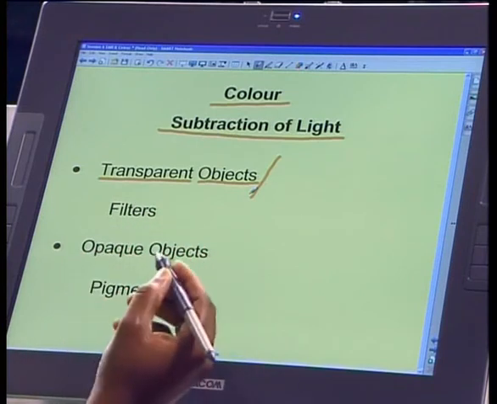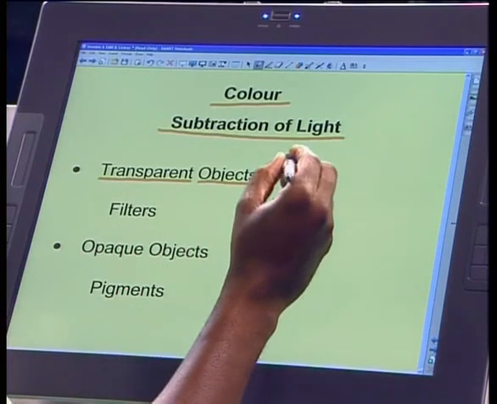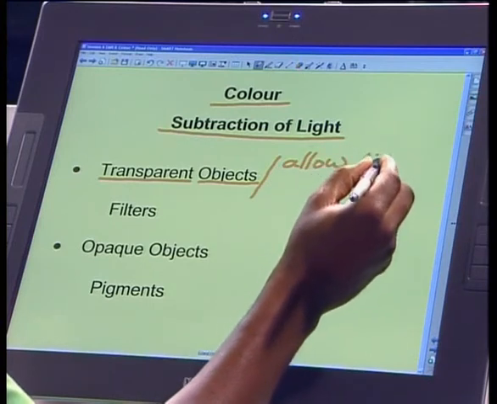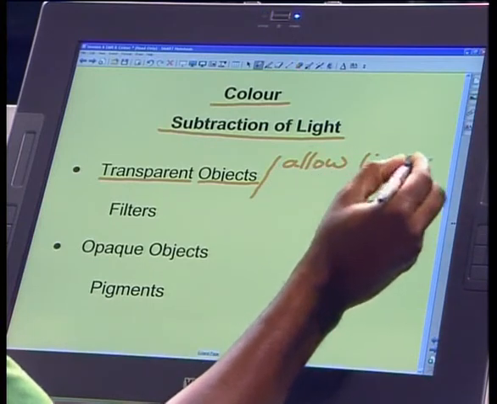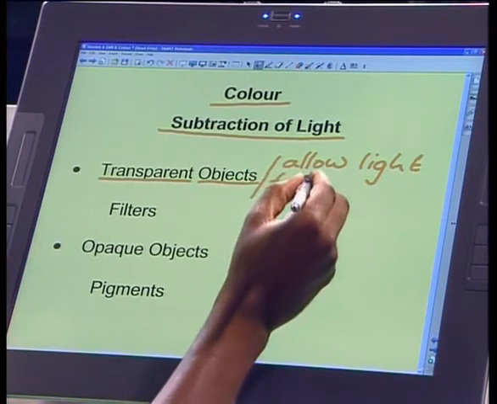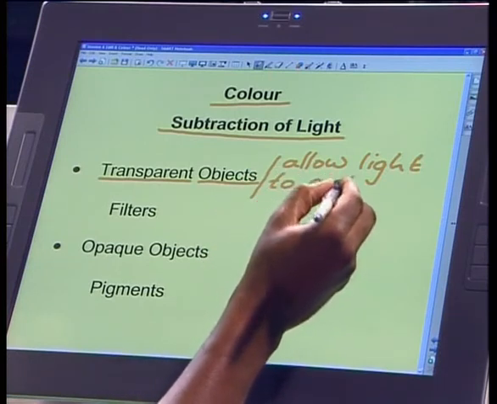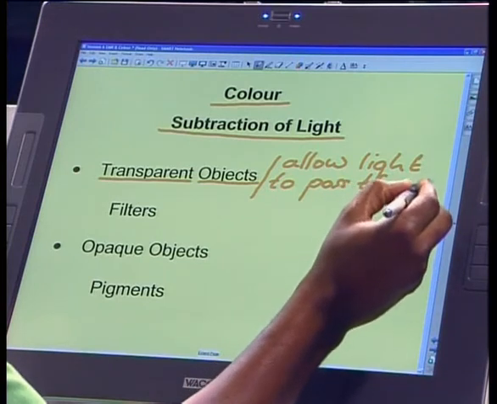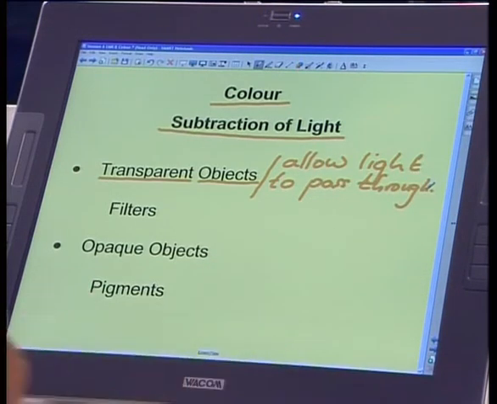Transparent objects allow light to pass through. And we will also look at situations where certain colors of light are allowed to pass through and some are not allowed to pass through. We're going to look at that.